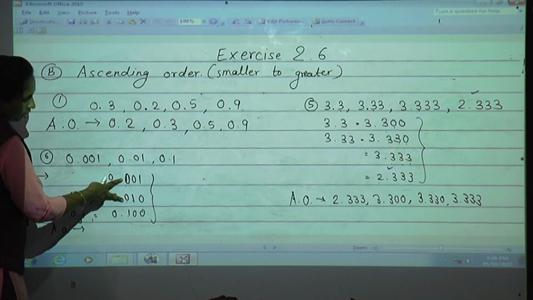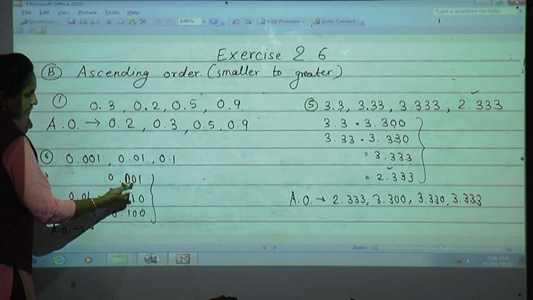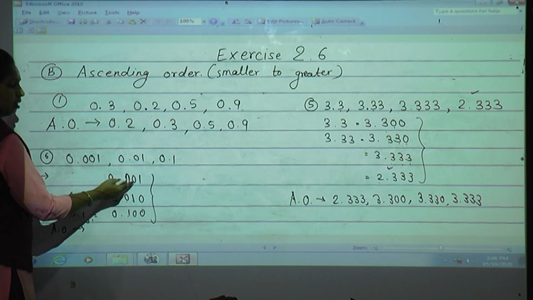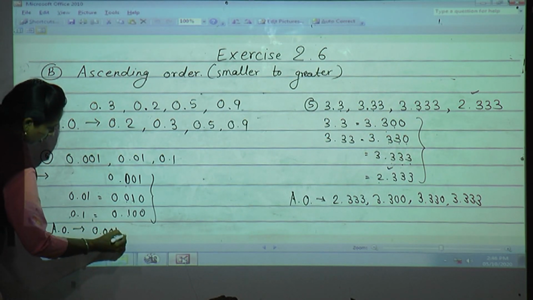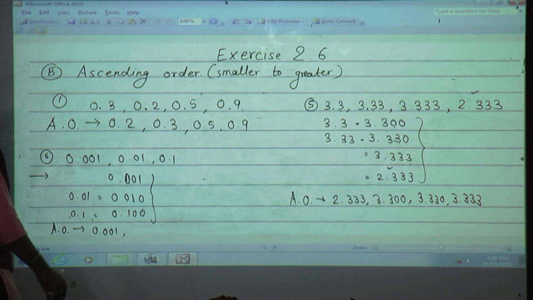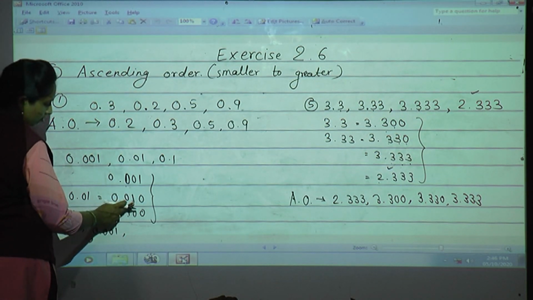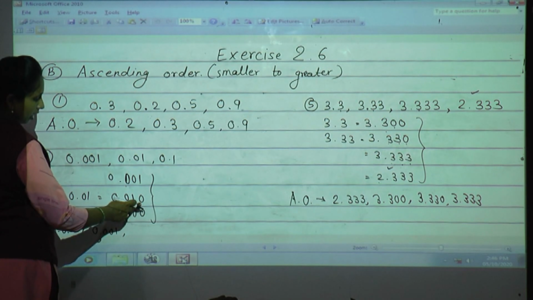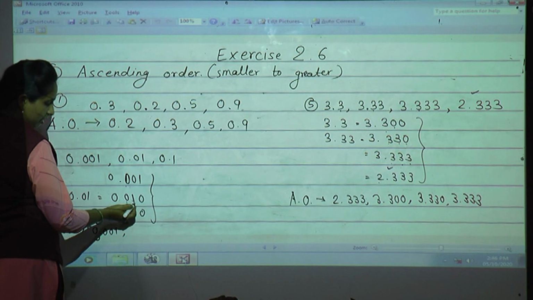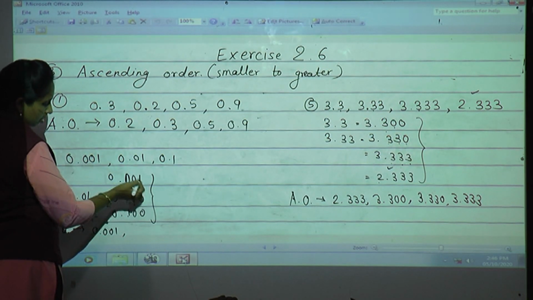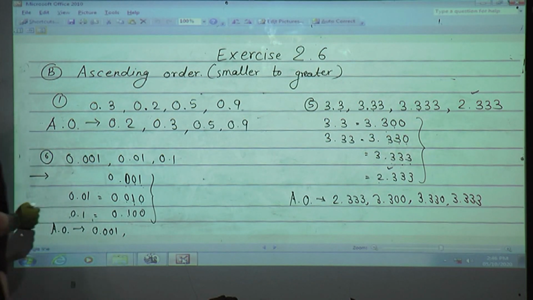We will compare both the numbers with the hundreds place, 0 and 1, which is smaller, this one. So write here 0.001, comma. Now next, of course after that, this will be smaller than this number, because here in the hundreds place 0 and 1, and here 1 and 0, isn't it?